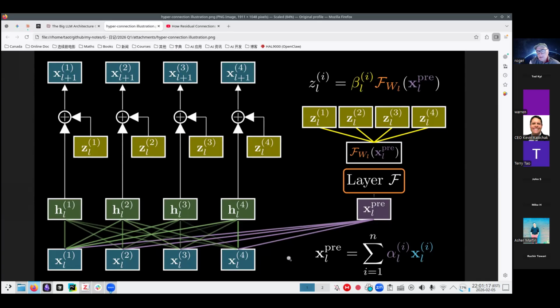Yeah. So XL pre, just like Terry was saying, will be 1,000, just like XL1 and 2 and 3 and 4, each 1,000. Now, what was a little surprising to me, I guess this is because of the compute involved, is it's not even just a down projection, which would have some more cost to it. It's literally just a mix of 1, 2, 3, and 4.